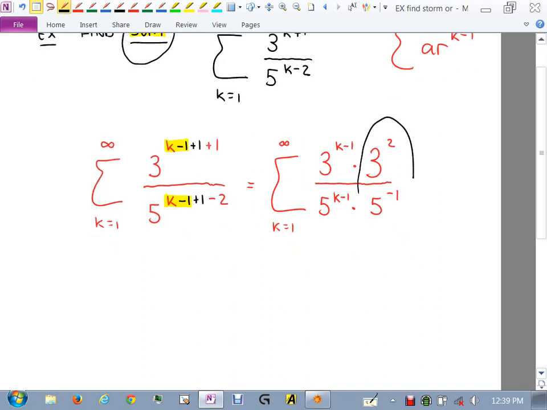Yeah, so this right here is all just a number, isn't it? 3 squared is 9. 5 to the negative 1, I can bring it up as a 5 on top. 9 times 5 is 45. So I have sum 45 times, now this right here, 3 to the k minus 1 over 5 to the k minus 1 can be rewritten as 3/5 to the k minus 1, can't it?